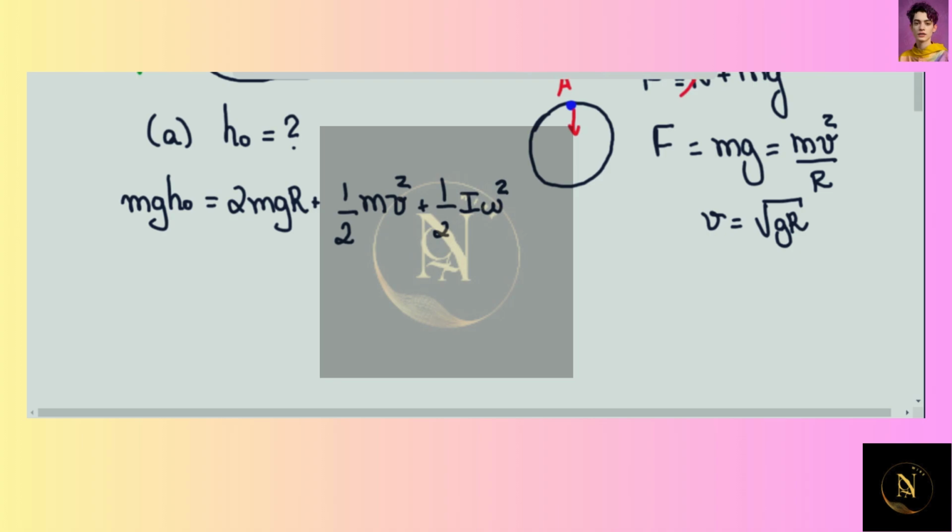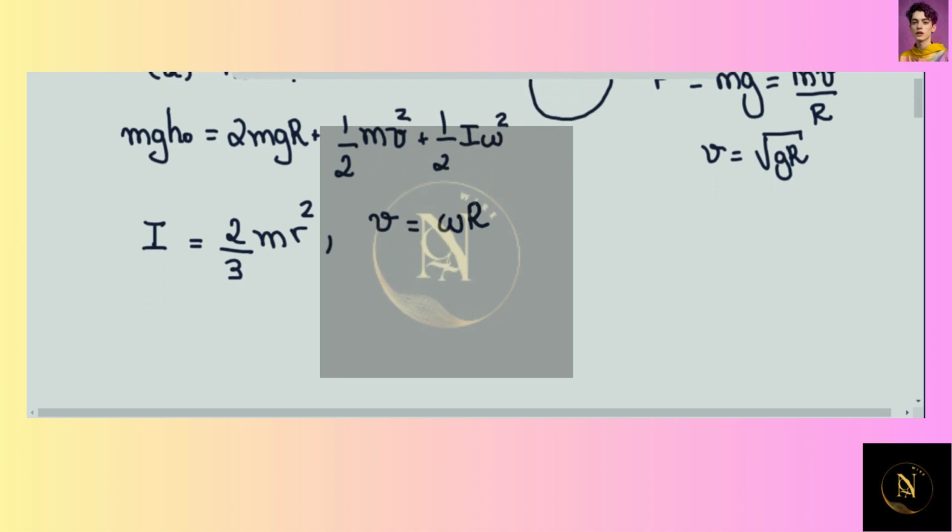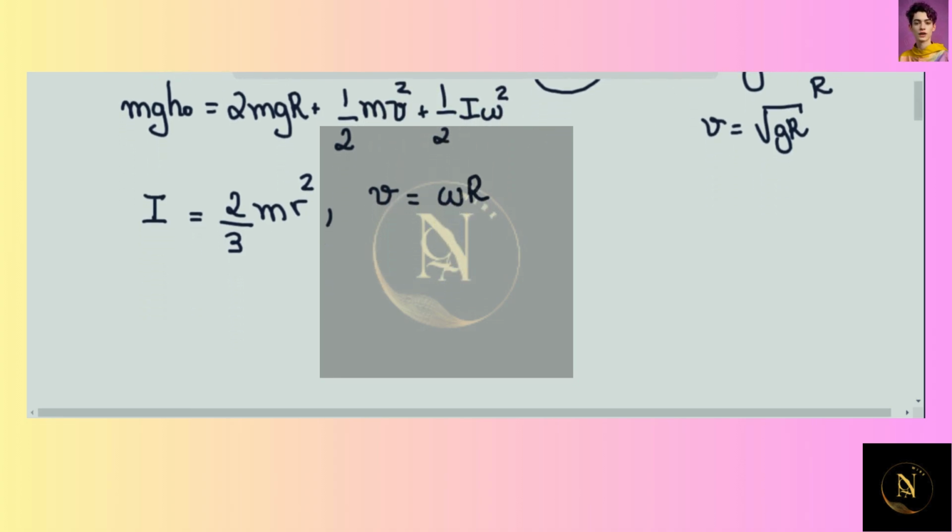Now, the first thing we need to notice is that the moment of inertia of a hollow cylinder is, sorry, a hollow sphere is 2/3 of m r squared. We also need to notice that for the motion to be rolling without slipping, v must be equal to omega r. Okay, so we have that.